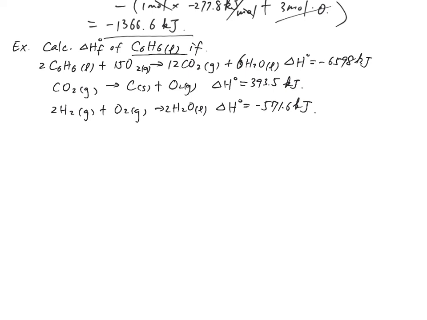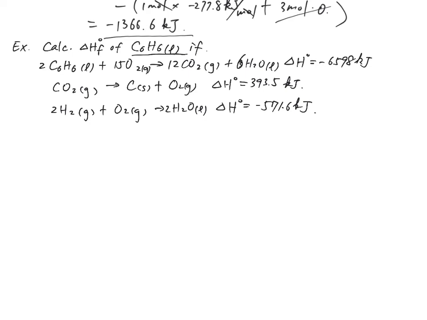Like you have 4 components, you gave me 3 of them, and you're asking me to calculate the last delta HF of one of the components. Because I know the delta H should equal the total of products minus the total of the reactants, I can set up that equation and figure out if there's an X in there.